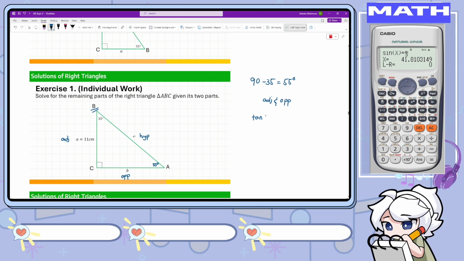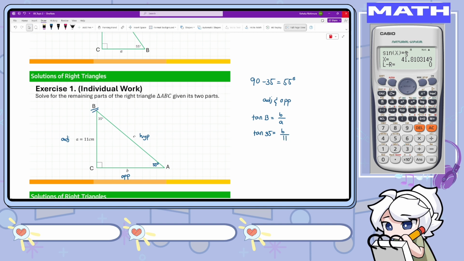Tangent of B is equal to opposite being B over adjacent being A. And let's replace what we have right now. So tangent B is opposite. Do we have a value for B? So wala pa. But we have a value for angle B, which is 35. So let's just keep B as is, and we have adjacent, which is 11.